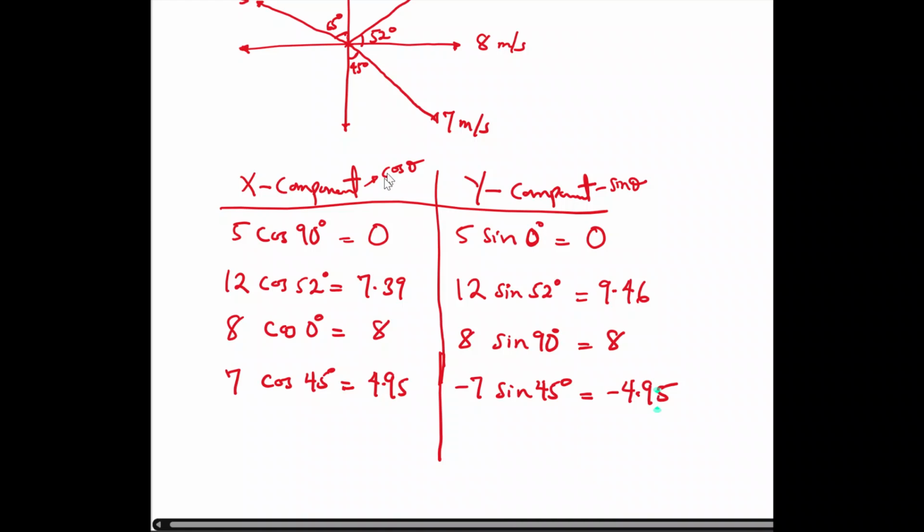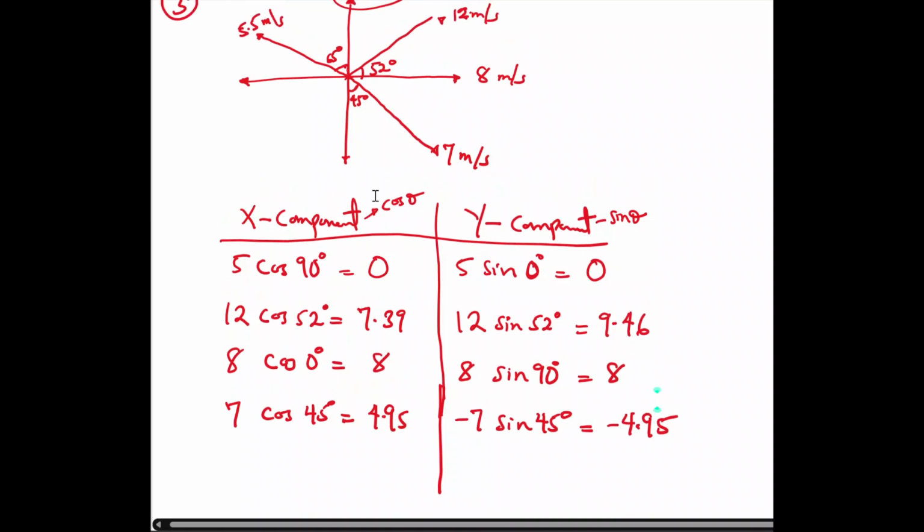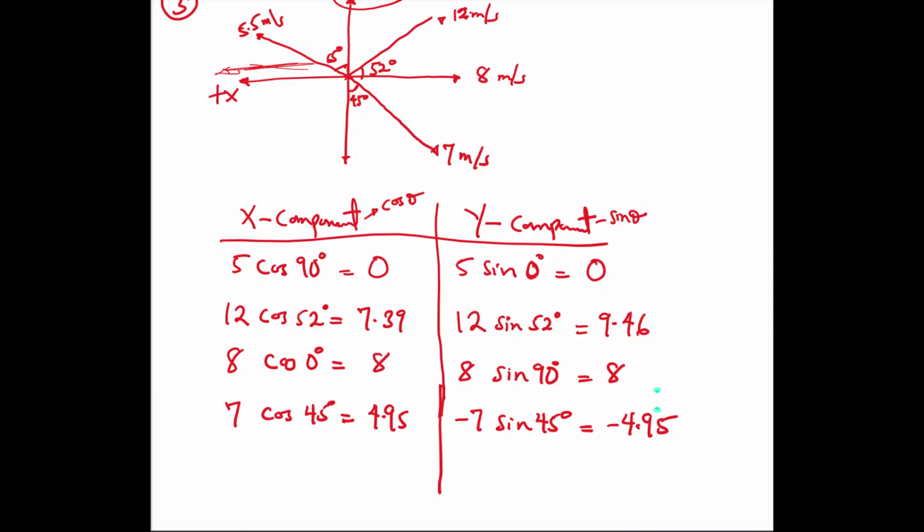So now the last one is 5.5. We can see that 5.5 is facing towards the left, this side. So that will be negative. This is the negative x-axis, this is the positive x-axis, this is the negative y-axis, this is the positive y-axis. So that's how you are able to take note if it is negative or positive.